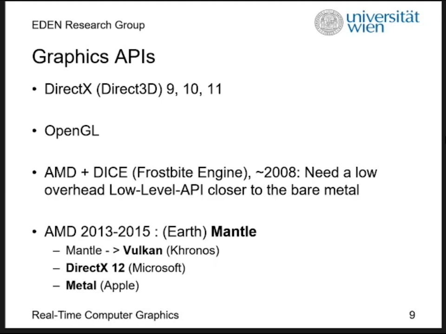The ideas of DirectX 12 and Metal are actually pretty similar. All of them took the basic ideas. You want to get rid of this legacy stuff, of this bloated big fat driver stuff. You want to have something that is very slim, very flexible, give the programmers a lot of control, and also enable a lot of multi-threading and parallelism. So Vulkan, DirectX 12, and Metal are very similar in what they offer.